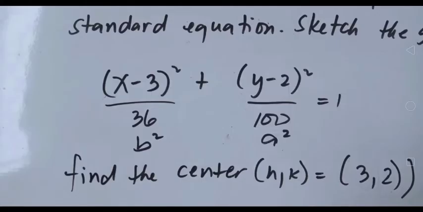Again, going back to our standard equation, b squared is the denominator of (x - 3)² and a squared is the denominator of (y - 2)². It means that our ellipse is vertical, because the greater denominator, a squared, is under y minus 2.